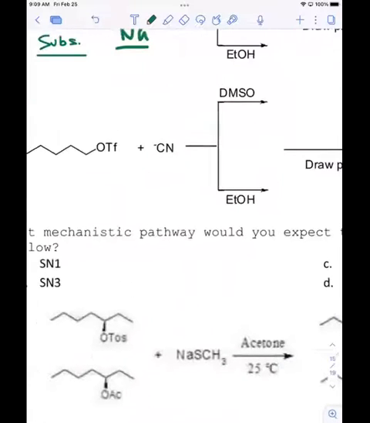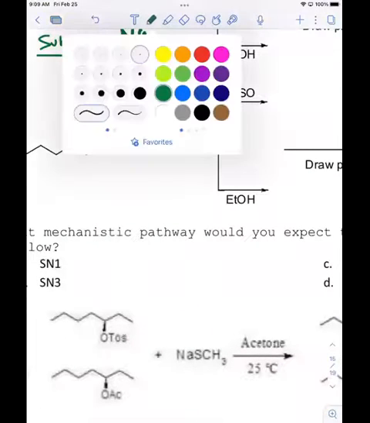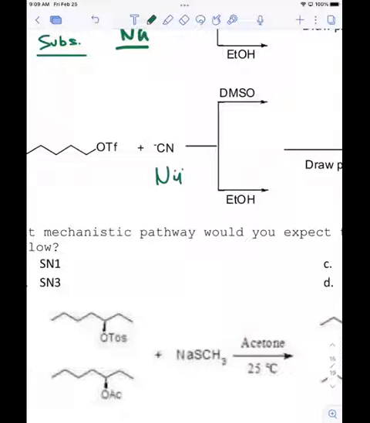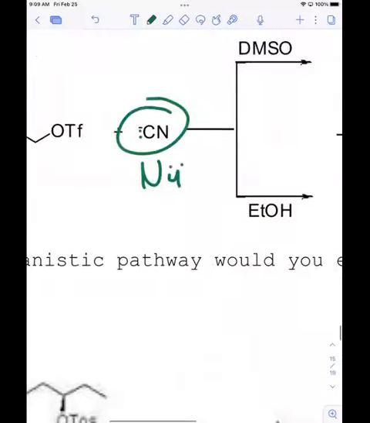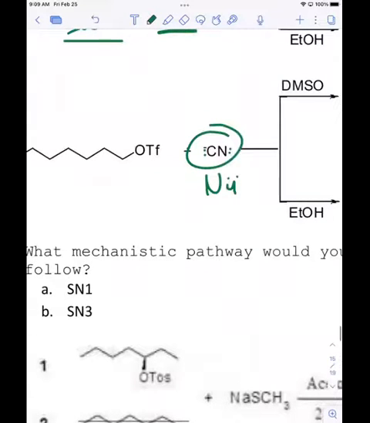So you can see that the cyanide has a negative charge. So by default, that's going to be my nucleophile. It's actually a pair of electrons on carbon and on nitrogen. And then this is my substrate. And then this is my leaving group. It's called a triflate.